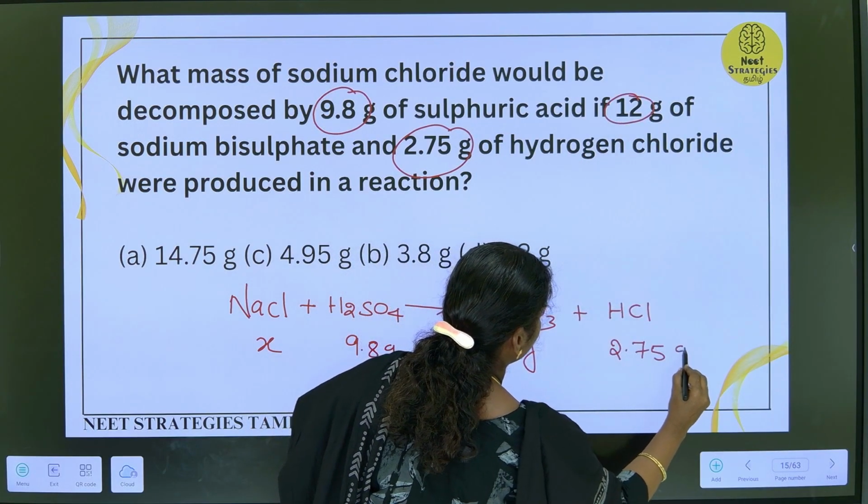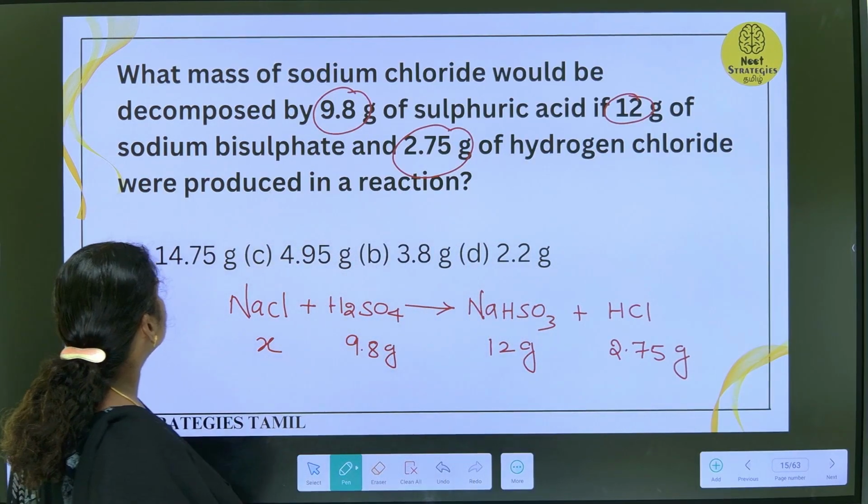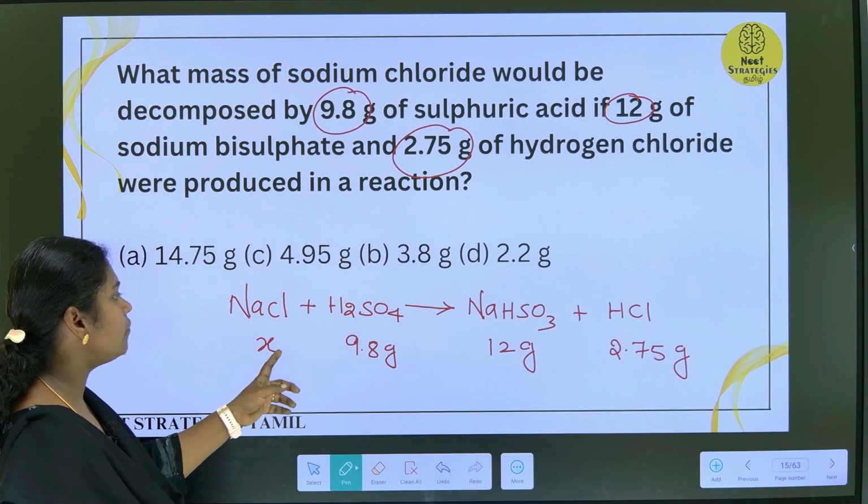2.75 gram of hydrogen chloride were produced in the reaction. So what do we want to calculate?